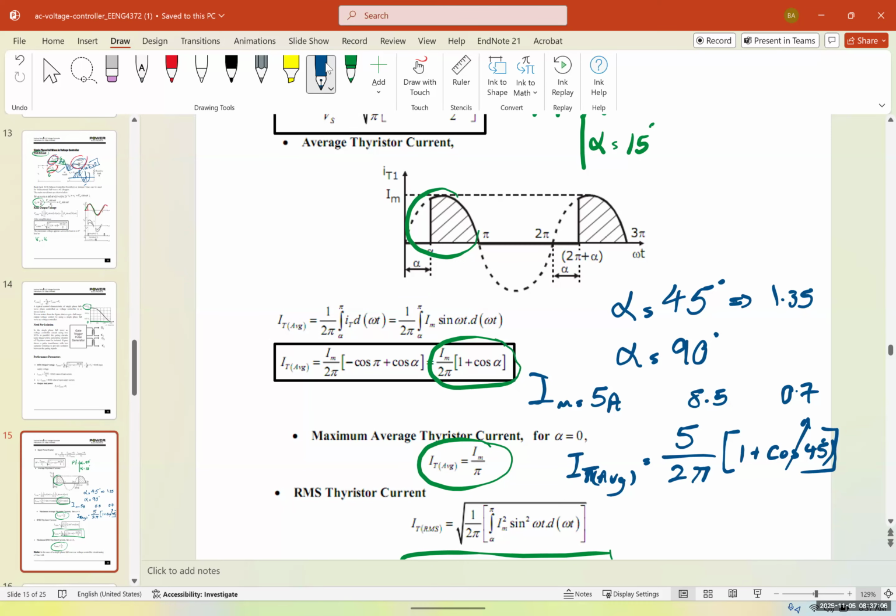Cosine of 90 degrees is what? And so it's going to be 1 plus 0. It's going to be Im over 2 pi. 5 over 2 pi is going to be what? 0.78.